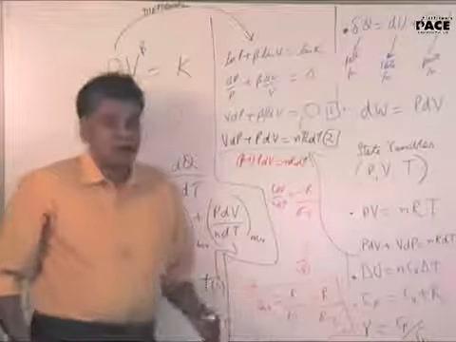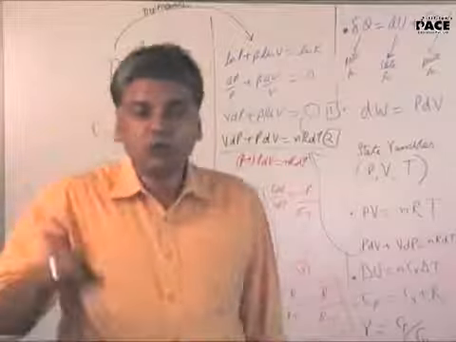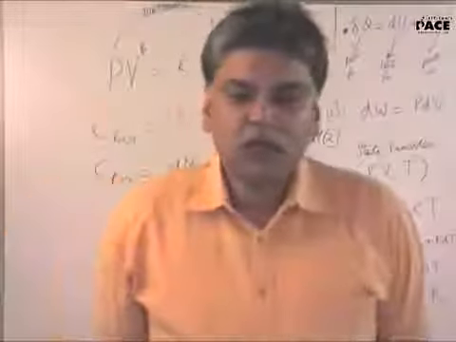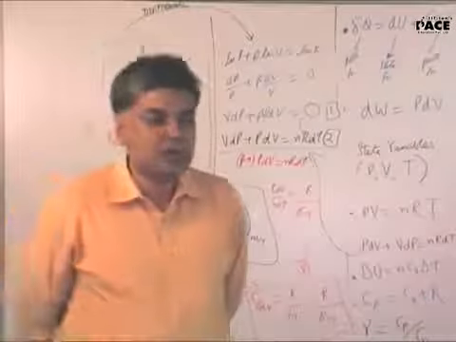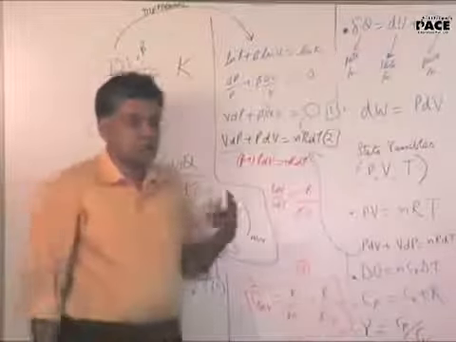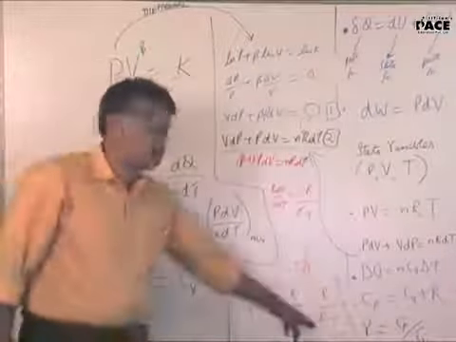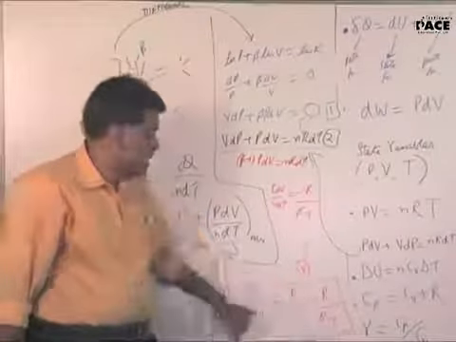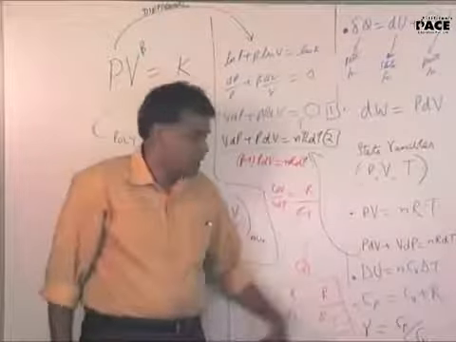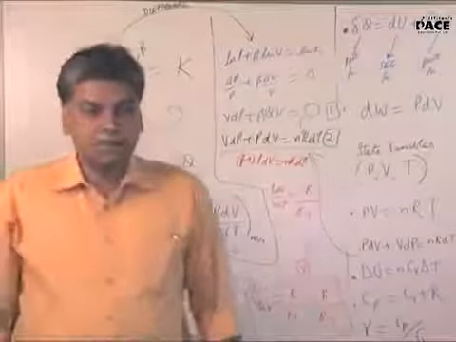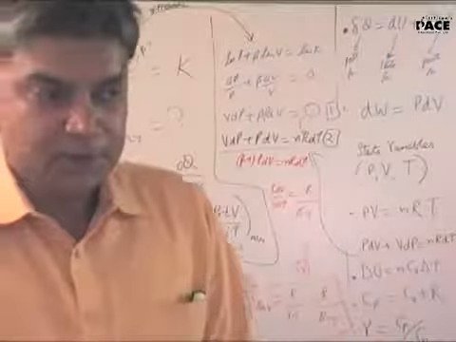And you can cross check, put those values of beta. If I take beta equal to 1, what do I get? Beta equal to 1 represents what process and what am I getting here? Beta equal to 1 represents isothermal process. If you put beta equal to 1, what does this become? Infinity.